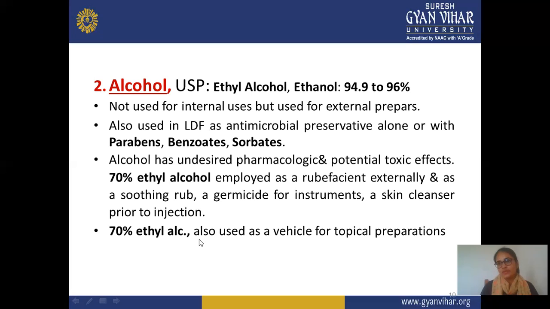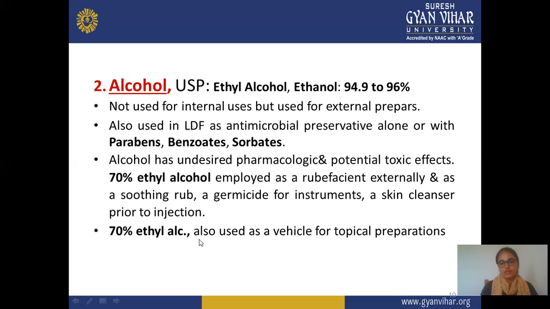Instead, it shows some toxic effect, or potential to show toxic effect, because alcohol is not good for your health, and it is present in a very high concentration, up to 95 to 96%. So it may show some toxic or adverse effect in your body due to the high concentration.